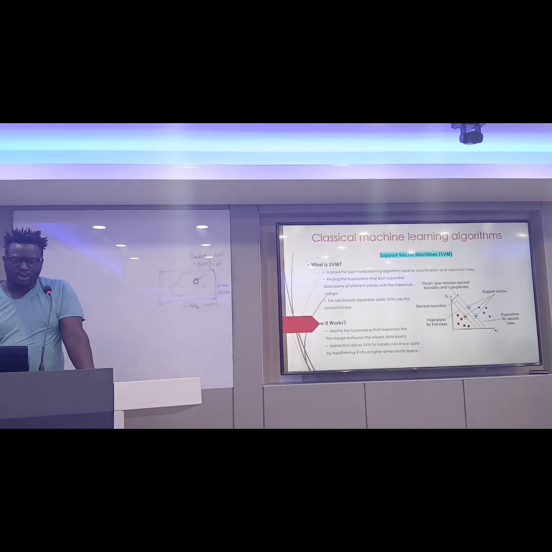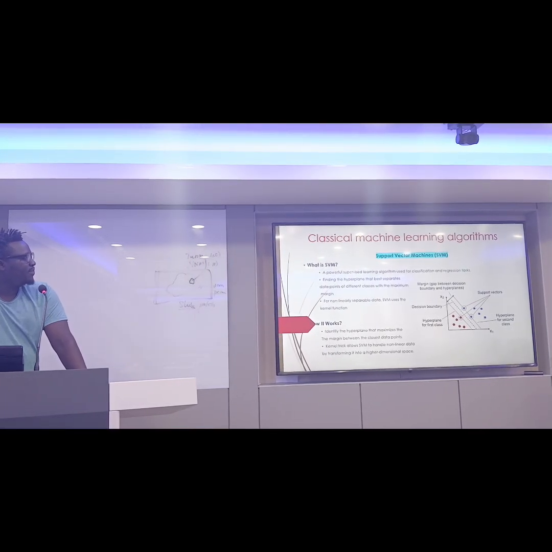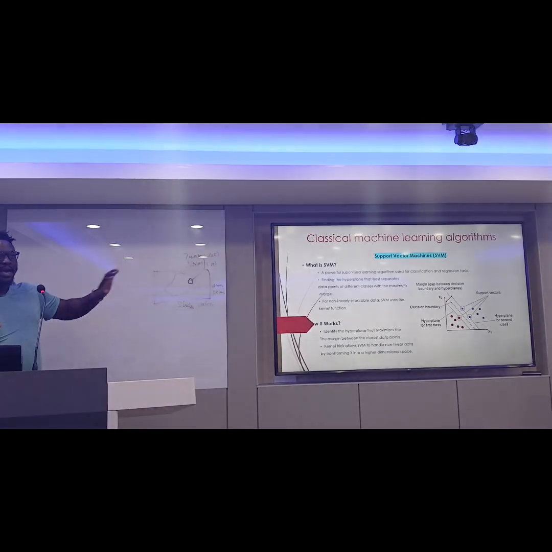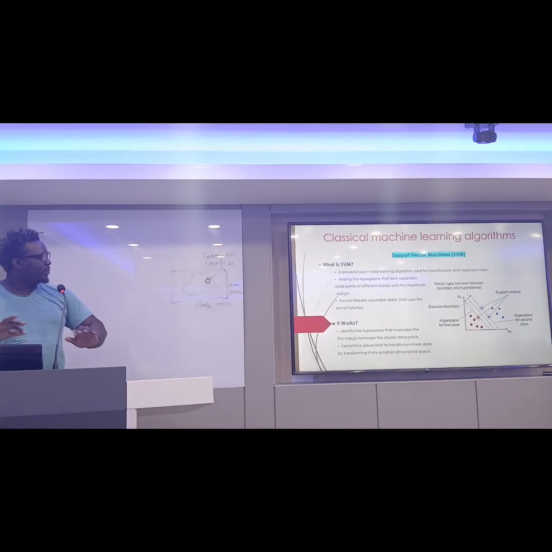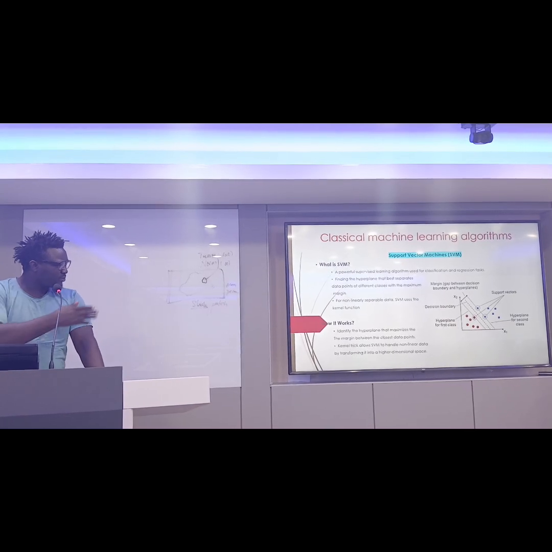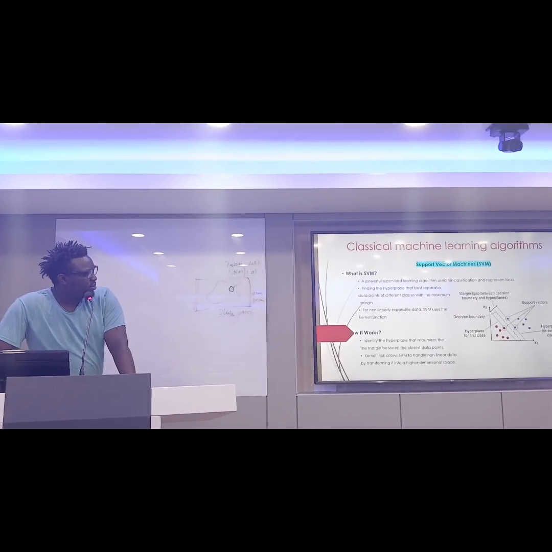So how does the support vector machine work? What it does is that it identifies the hyperplane that maximizes the margin between the closest data points. So for classes A and B, it tries to maximize the margin and identify the hyperplane that will separate them. And in the case of nonlinear, you don't have a straight linear function y equals ax.